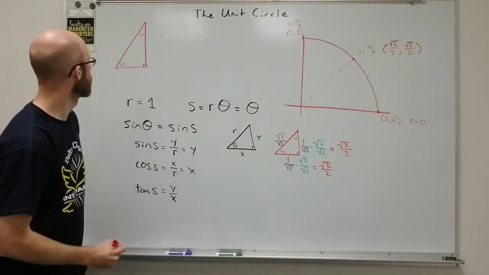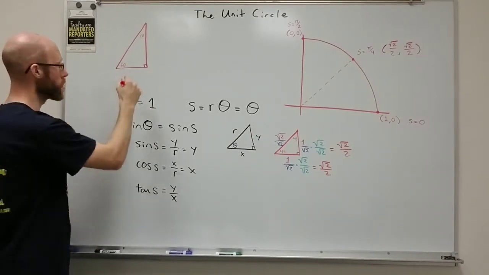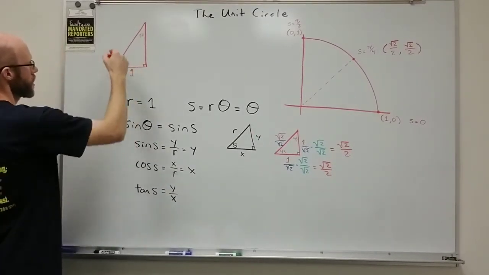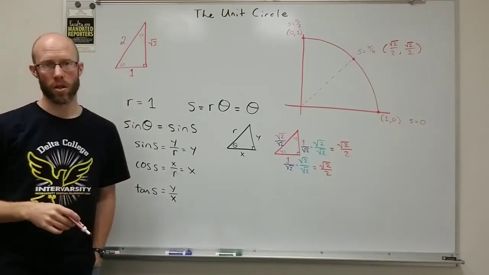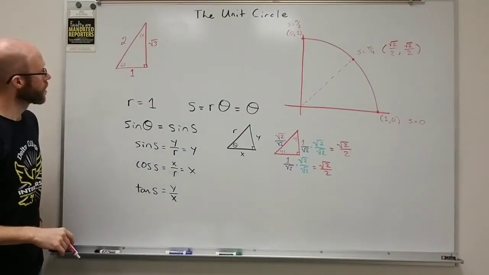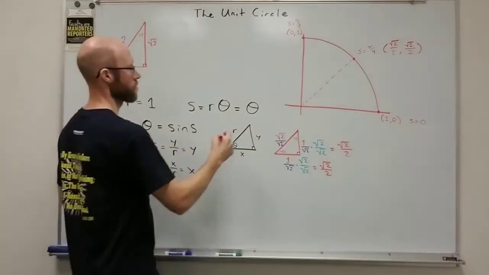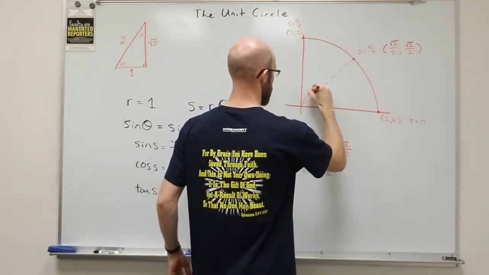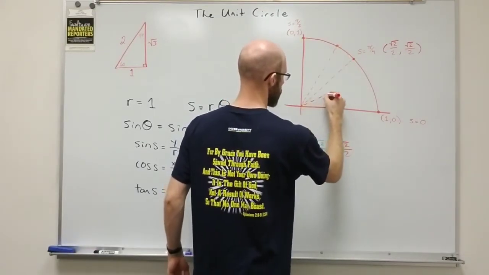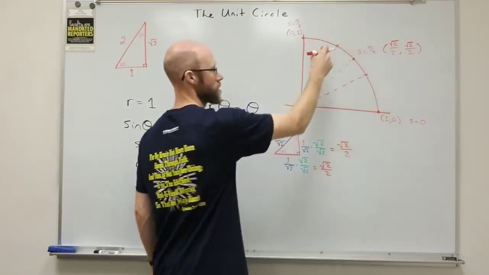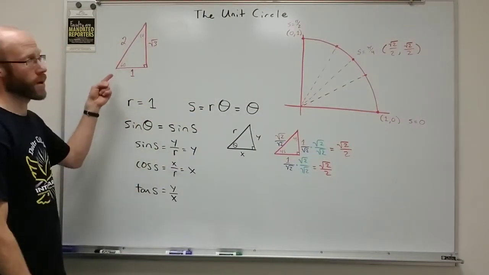All right, so with this one, we know that in the past we've seen the side lengths to be 1 on the short leg, 2 on the hypotenuse, and square root of 3 on the longer leg. Well, again, the hypotenuse on a 30, 60, 90, we'll run this up on a 60-degree angle here. We could also run it on a 30-degree angle. We'll focus on the 60 for a second, and then we'll switch everything around and look at the 30, because it's how I have it drawn.